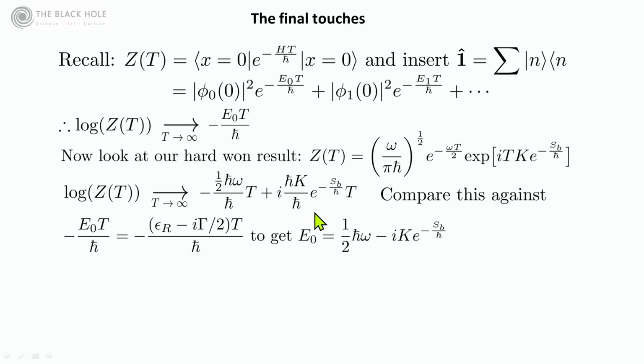Okay, but now we are pretty much done, because look over here, minus E naught t over h bar, and here there's the same thing, and we've therefore found that the ground state energy eigenvalue is the harmonic oscillator eigenvalue, but there is an imaginary part to that because now it's decaying.